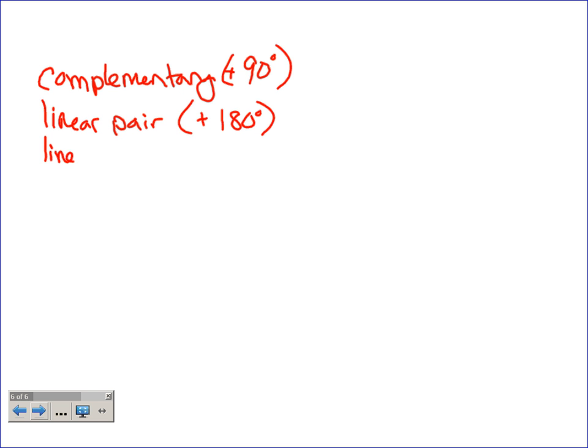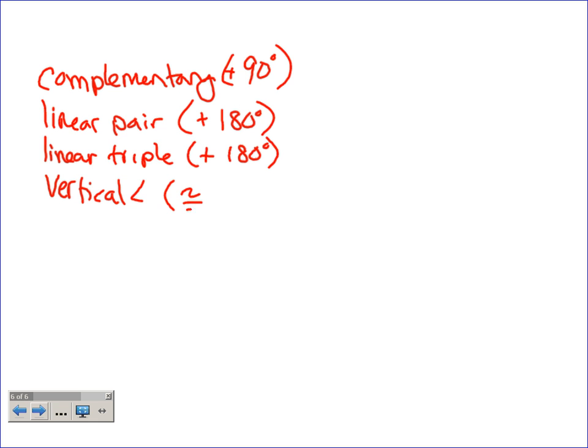A linear triple, if you need to write these down somewhere, please write them down. Those add up to 180. And vertical angles are going to be congruent. These are ones that we've learned in the past. You should be very comfortable with these.